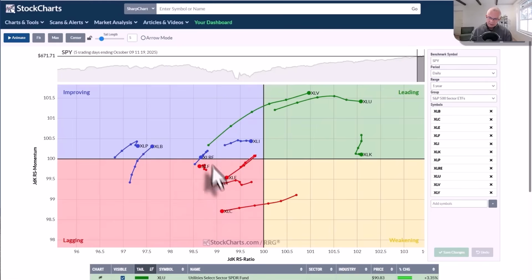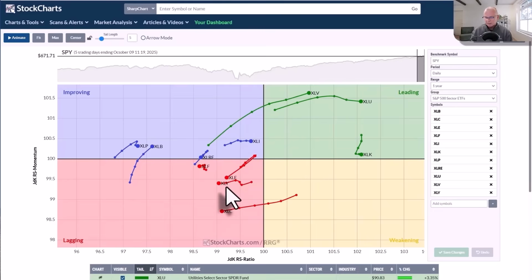If you look at financials, that's still inside the lagging quadrant, confirming what we see on the weekly. The same goes for energy, which is picking up here, but here you already see that rotation lower. Consumer discretionary, which was inside the leading quadrant on the weekly. Here you can see why it rotated immediately lower on that weekly because of that daily weakness.